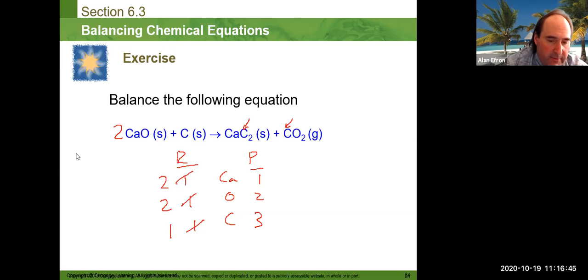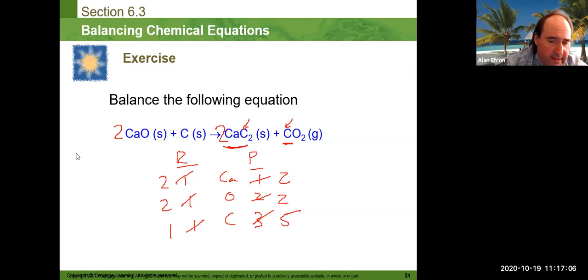So the next easiest thing to balance should be our calcium. Again, carbon is with multiple things, so we're going to save that to the end. Putting a 2 in front of our calcium on the right-hand side gives us 2 calcium, still 2 oxygen. And now in terms of our carbon, we have 4 here and 1 more here, which gets us to 5.